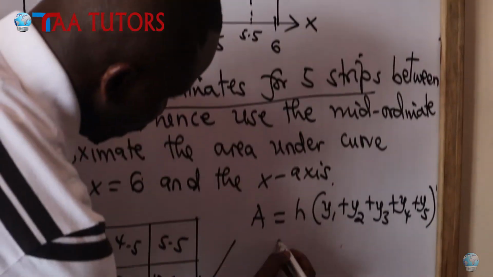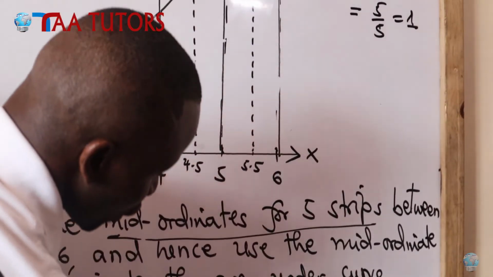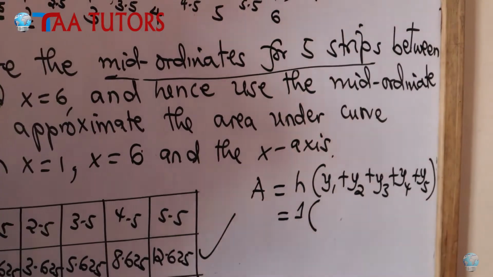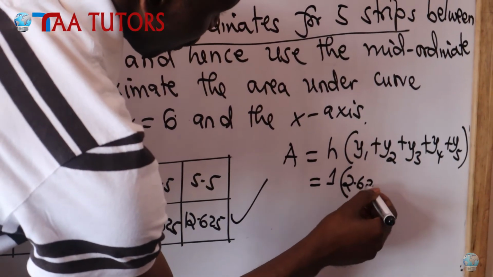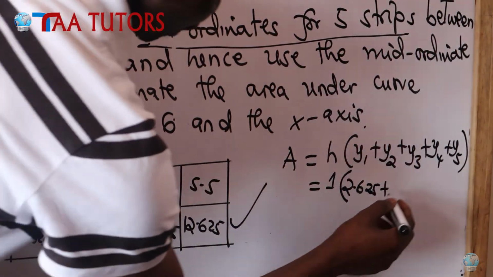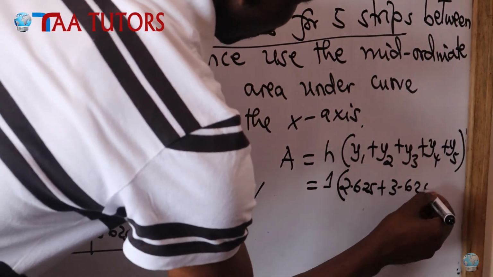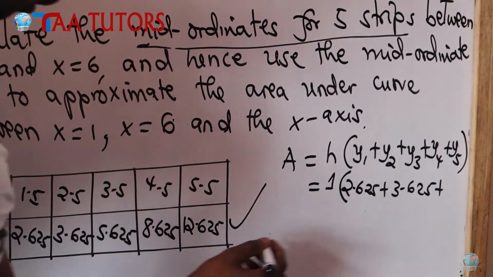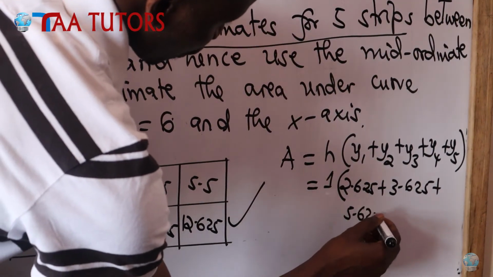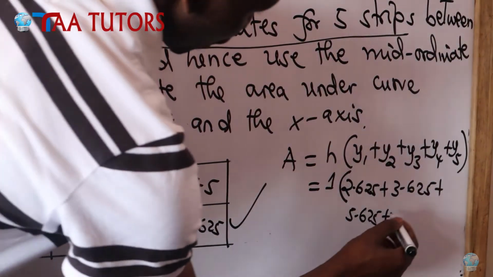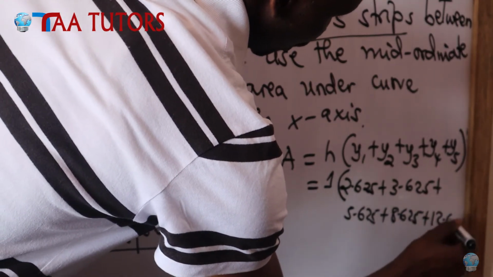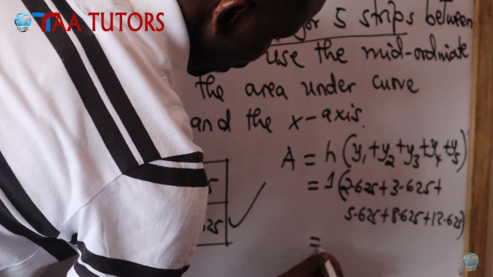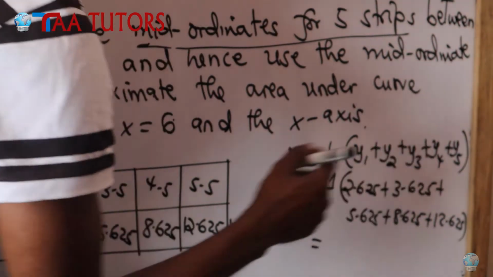So in this case, h is 1, times the mid-ordinates, which are 2.625 plus 3.625 plus 5.625 plus 8.625 plus 12.625.